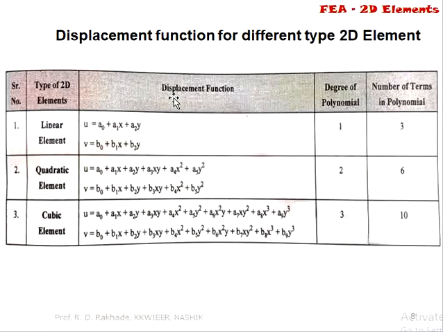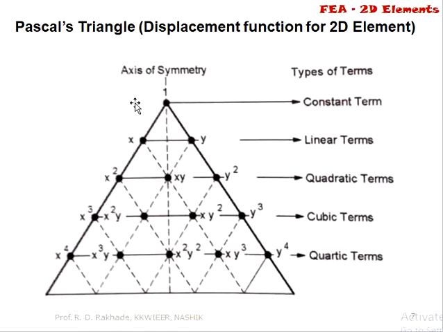If you go to the second level, that is the linear term, means variables having only power equal to 1. So displacement function having variables x and y with power equal to 1. So this is the axis, and if the power of variable on the left hand side and the power of variable on the right side are equal, that is nothing but isometric symmetry.